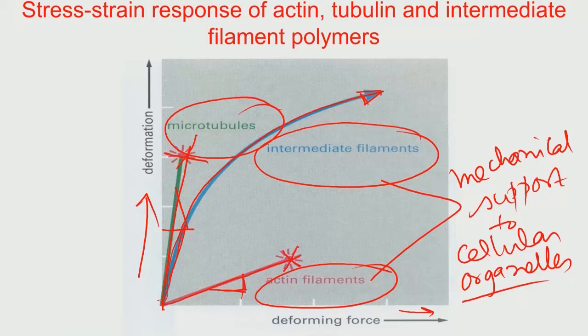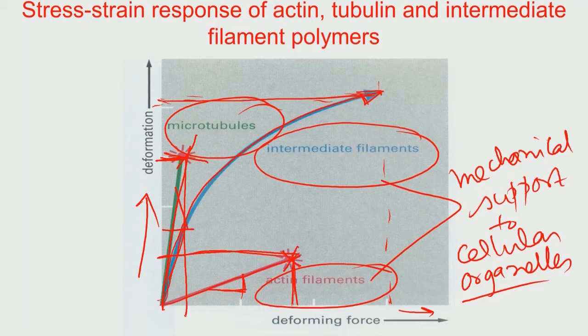And also, in terms of the larger force, you can see the intermediate filaments can sustain both large force magnitude as well as larger deformation. Whereas actin filaments, although force wise it is second, that is the maximum force it can sustain, strain wise or deformation wise it is much smaller than microtubules. Whereas microtubules can sustain larger strain, but at an extremely small force.